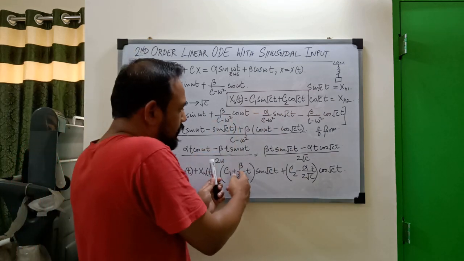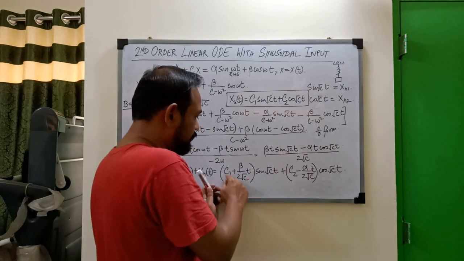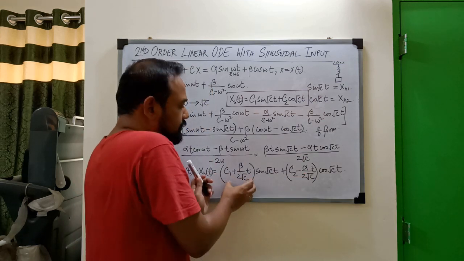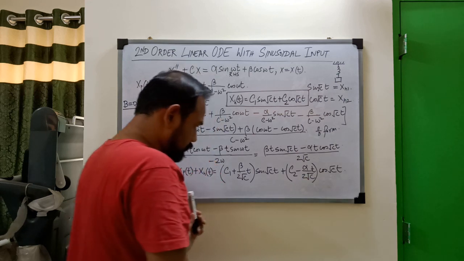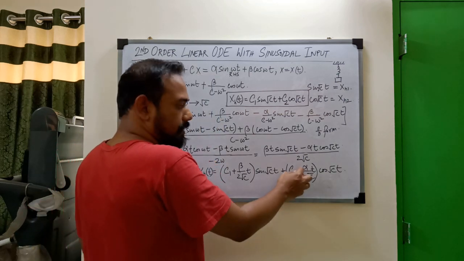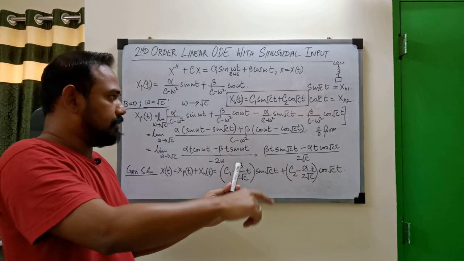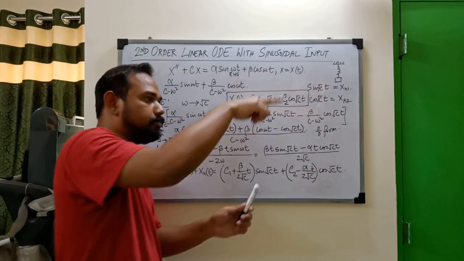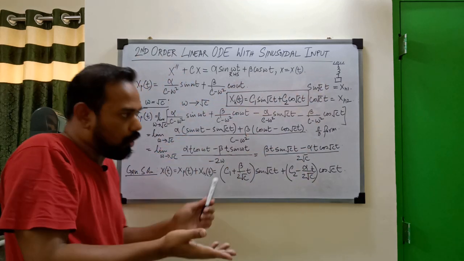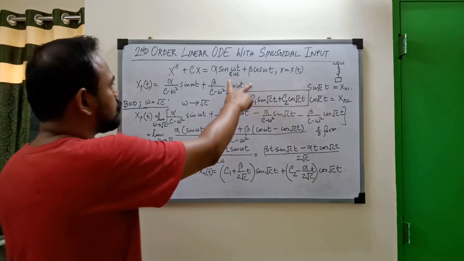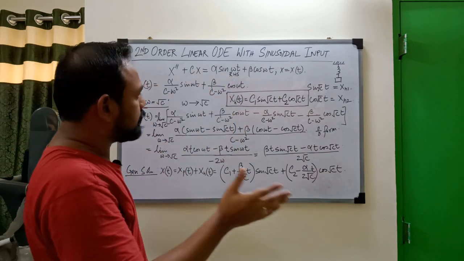Of course, if alpha and beta are such that this becomes a decreasing amplitude, in that case the body would move but with a decreasing oscillation, and so it will finally stop. So it all depends on what this external influence is.